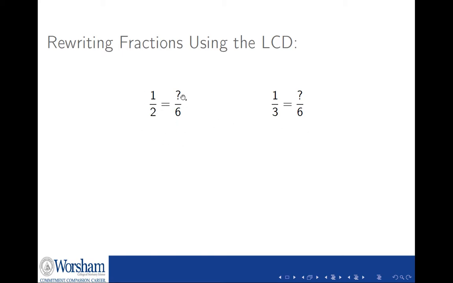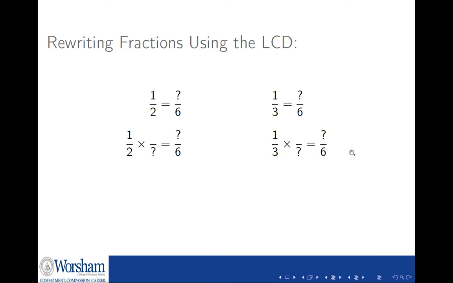Looking at the first set right here, what times 2 will get us 6? Okay? Let's think about that. I can also explain it a different way. 2 times what gets me 6? All right. Now for this one over here, 3 times what gets me 6?